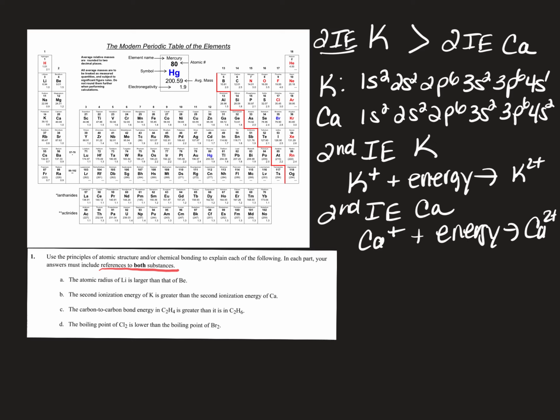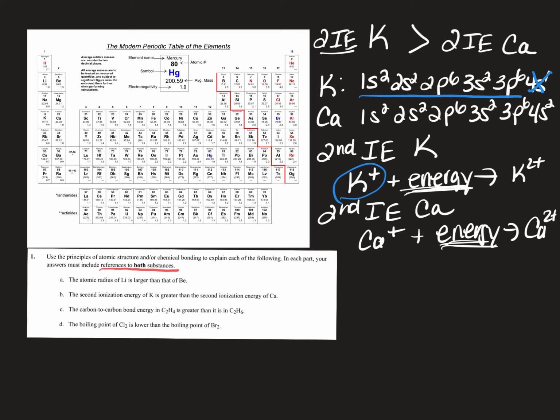So this is the ionization energy that we're talking about, that this ionization energy is greater than this one. Well, if we go back and look at its configuration, we're going to be taking it from a 1+ ion. So if we take it from a 1+ ion, that electron isn't going to be there.